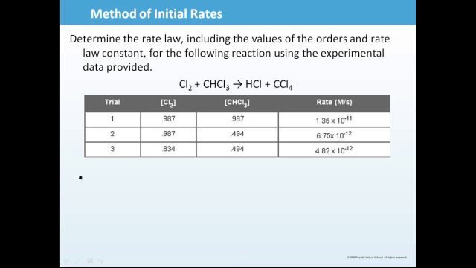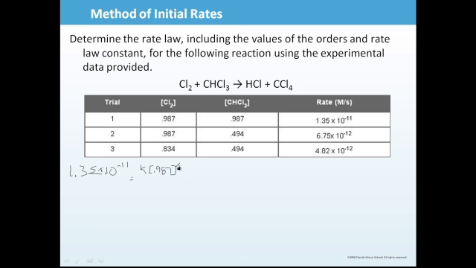Let's do the first two trials. In the first trial, the rate was 1.35 times 10 to the negative 11, and remember that equals K times the two concentrations raised to the order.